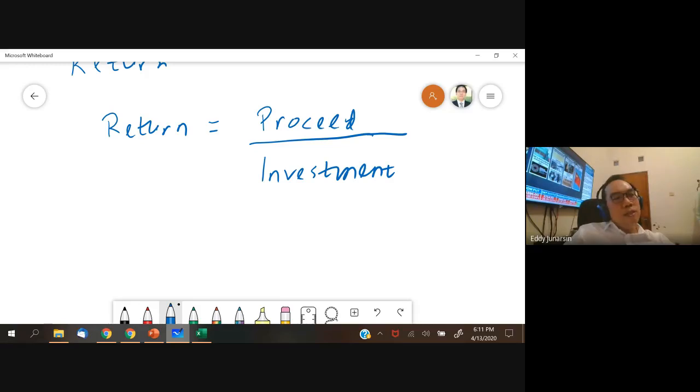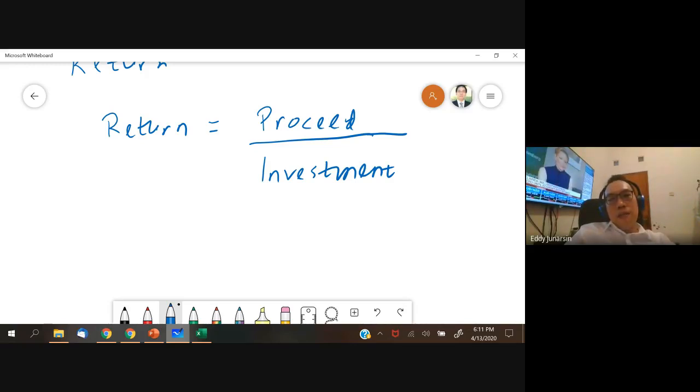What about if you invest in a bond, when you buy a corporate bond or even government bond, right? If you put your money into a corporate bond, what do you expect? Of course, the coupon, right? The promised coupon. So the coupon income, now you also expect the bond price to increase.